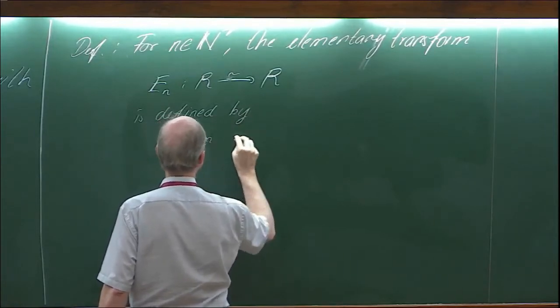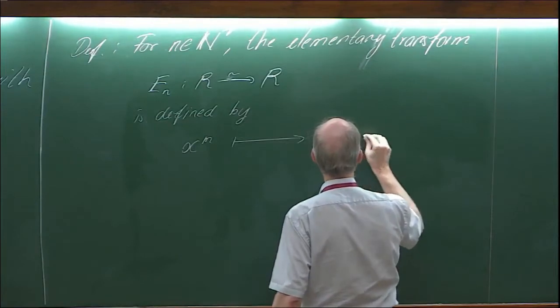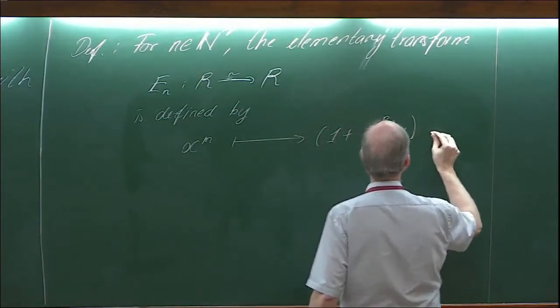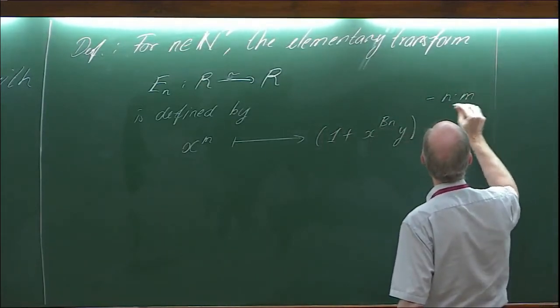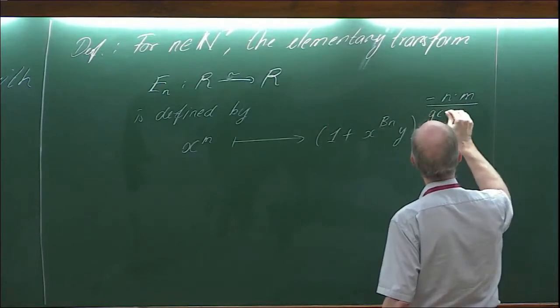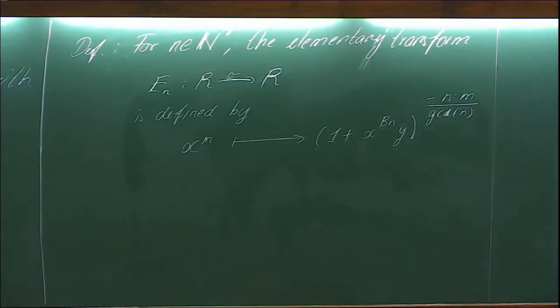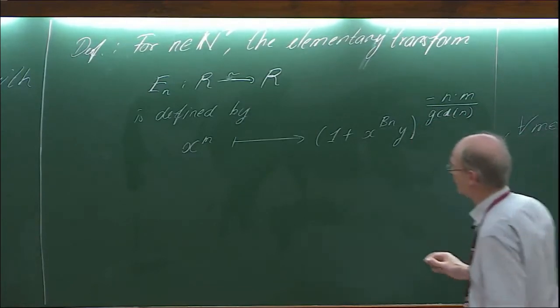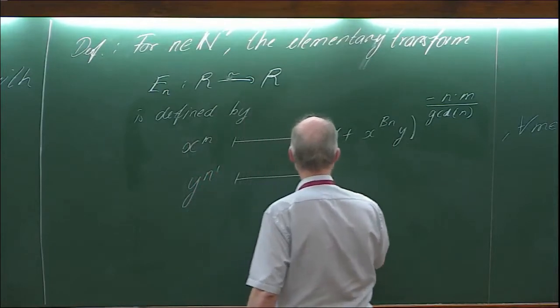It sends a monomial x^m to (1 plus x^(Bn) y^n) to the power of minus n·m divided by the greatest common divisor of the coefficients of n, times x^m. And it is the identity on the y variables.